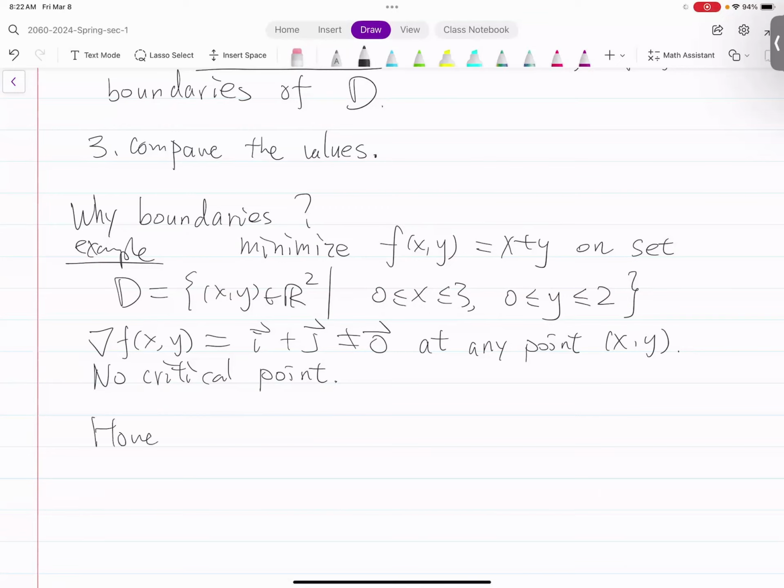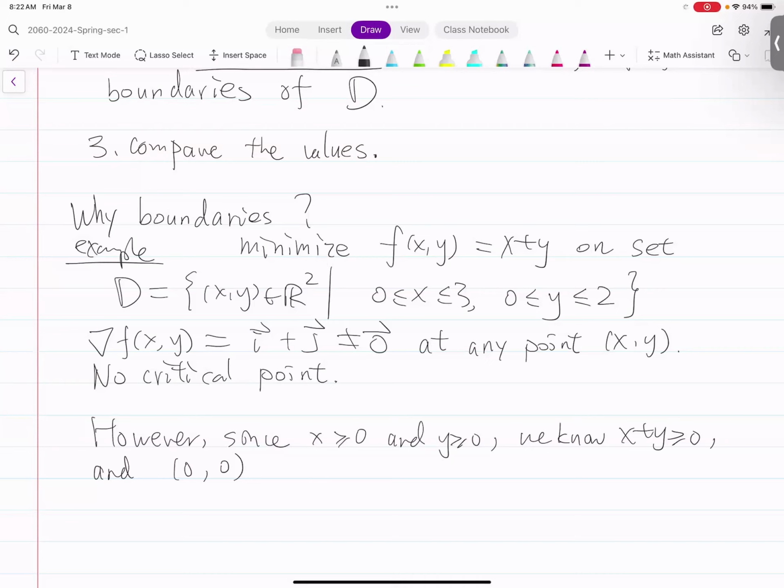So however, since x and y are non-negative, we know x plus y is non-negative. And this equality attains at 0, 0.